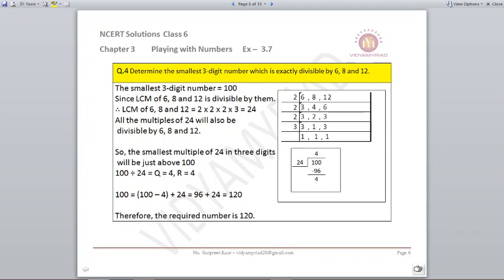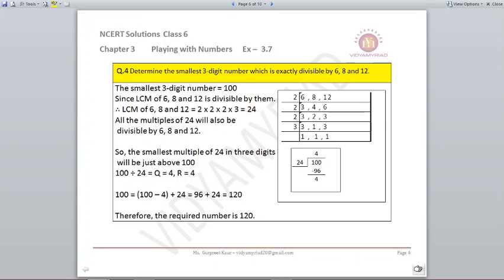Now all the multiples of 24 will be divisible. So now whether this 100 is divisible by 24 or not, let us check. When we divide, we see that there is a remainder of 4. So that means 100 is not divisible by 24. Which number is divisible? 96. 96 is exactly divisible by 24.